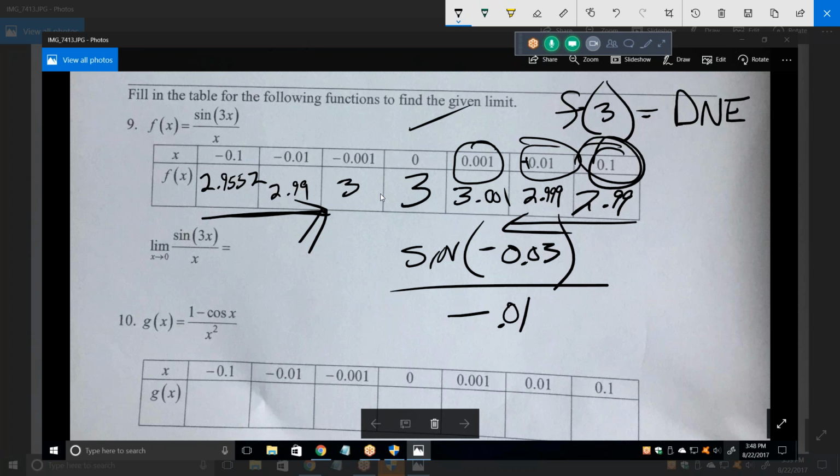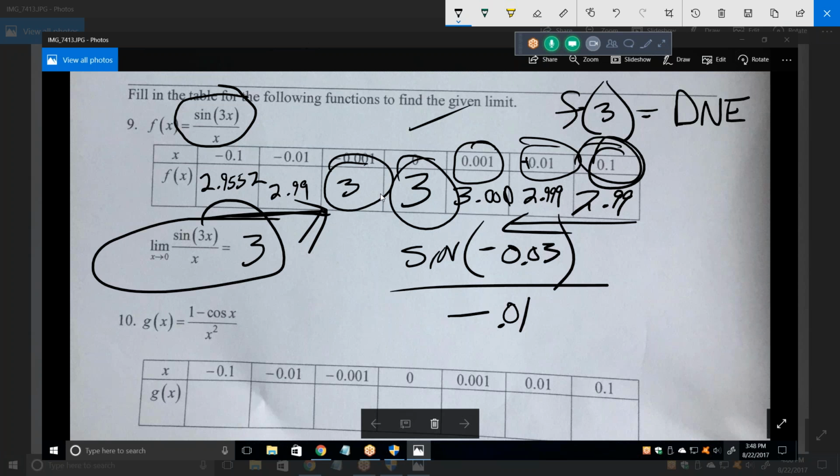But this limit, as we approach 0, does exist, because it approaches positive 3 from the left and it approaches positive 3 from the right. Therefore, the limit's equal to 3 as we approach 0.